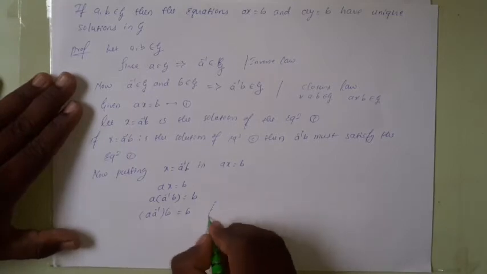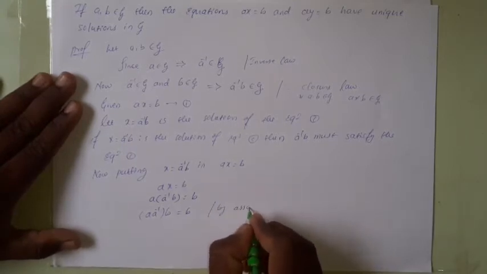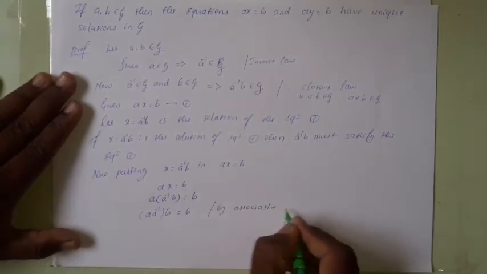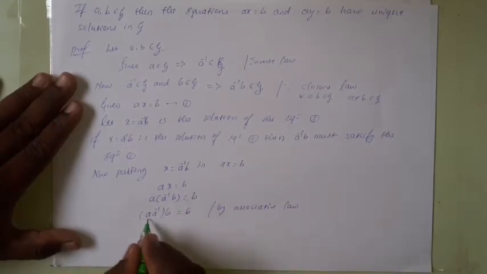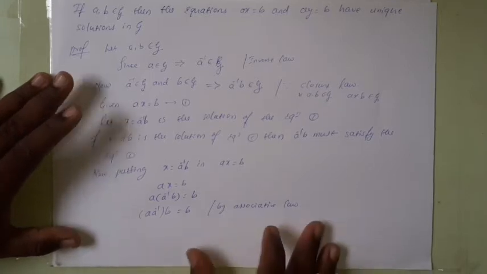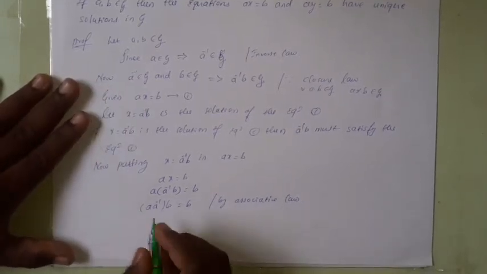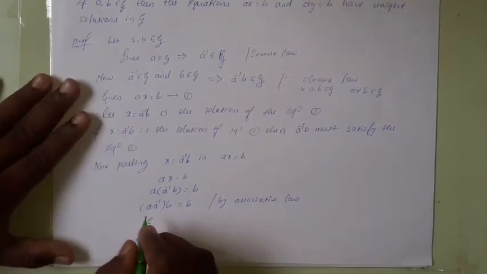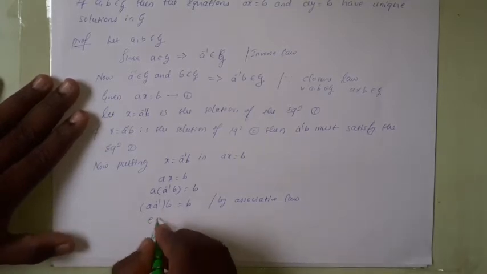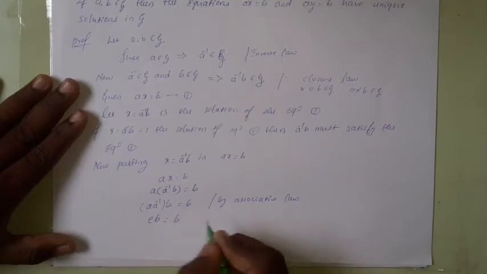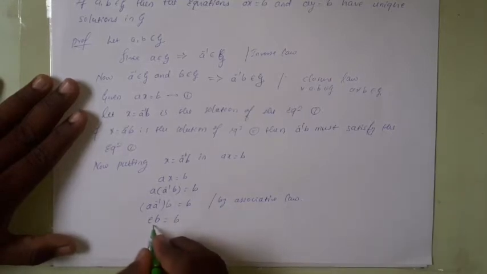So, this is by using the associative law, we can write A into A inverse into B as A into A inverse, then into B. Now, A into A inverse is the identity element E. By using the inverse law, E into B is equal to what?